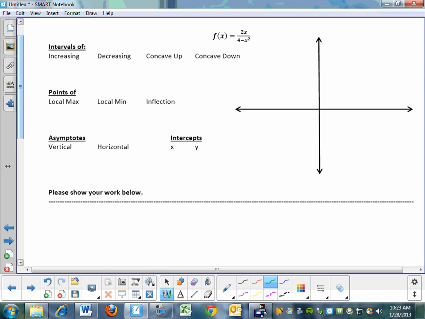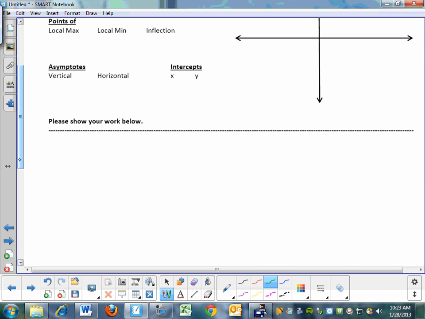Okay, let's look at the asymptotes first of all. Because this is not a polynomial, you can tell right away that we might have some vertical asymptotes, horizontal asymptotes, some behavior like that. So let's see if we can figure that out. Where is it undefined in the denominator? 4 minus x squared equals 0.